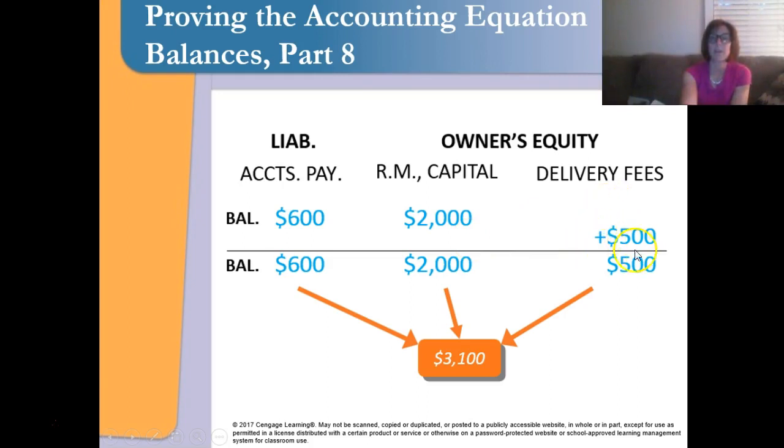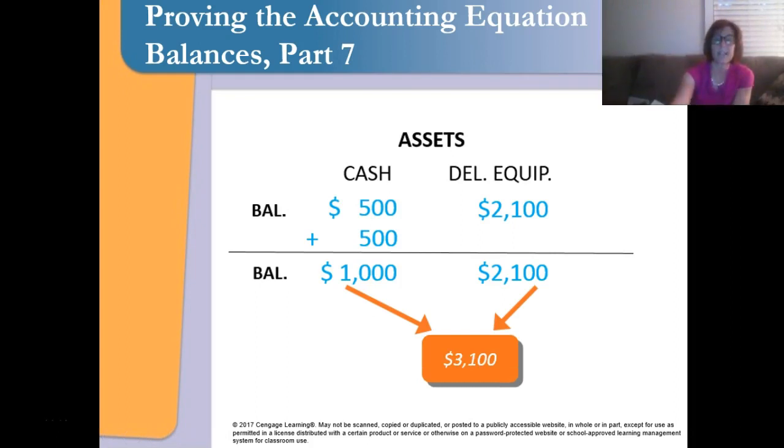Now we made some revenue, which also falls under the umbrella of the owner's equity of $500. And so if we add together our liabilities and our equity, we come up with $3,100, which lo and behold equals the asset side of our accounting equation.